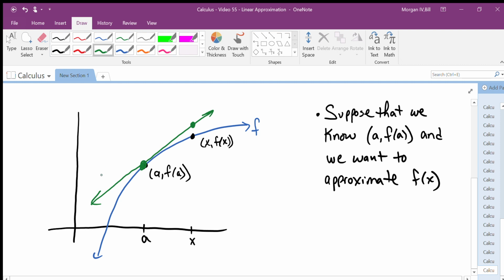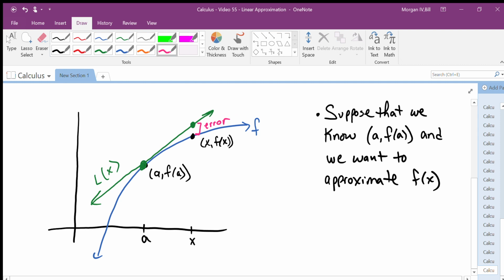Let's call our tangent line L of x, for a line. So what I'm looking for is the value of L of x of my line at this particular value x here. Notice that the value of the line at x is pretty close to the value of the curve at x, with an error being about, say, this much right here. This much would be error.